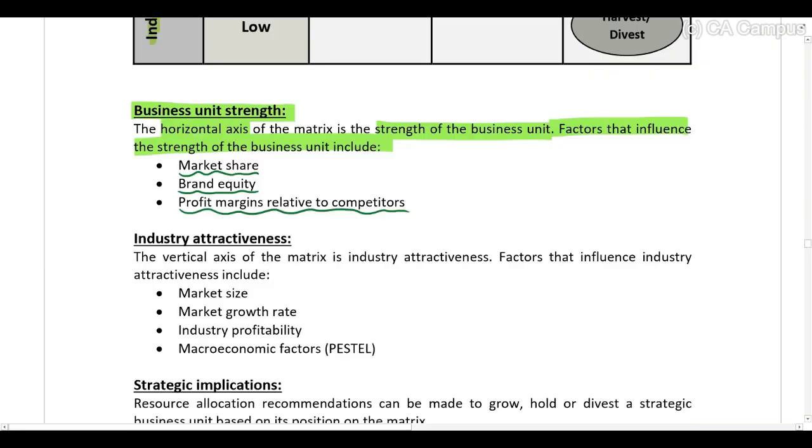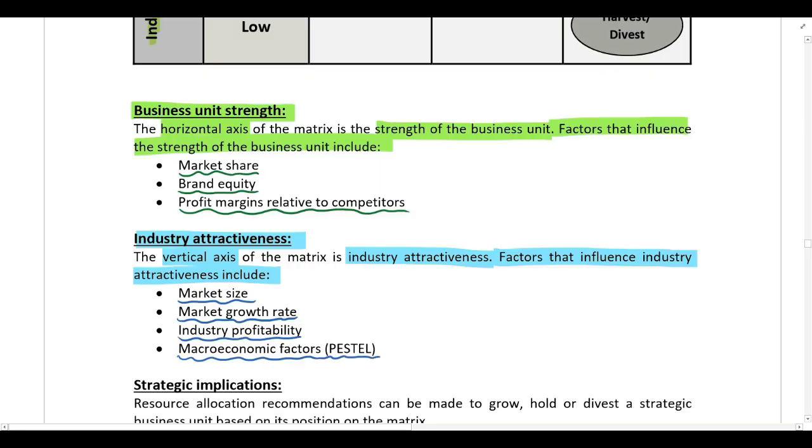Then we saw on the left, or on the vertical axis, we spoke about industry attractiveness. And factors that influence industry attractiveness include the market size, the market growth rate, industry profitability, and lastly, macroeconomic factors. And we looked at these when we covered the PESTLE analysis.